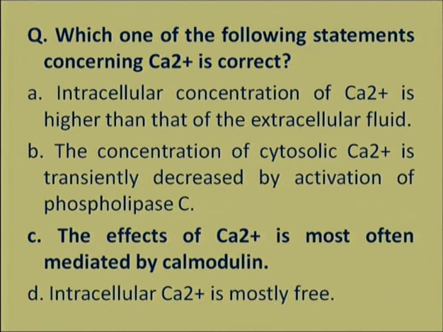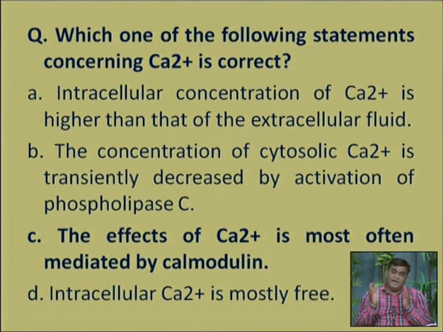Actually it is not like that, because whenever there is an increase in the calcium ion concentration in the cytosol, it will be sent to the endoplasmic reticulum. So there will be an increase in the concentration of calcium ions in the lumen of the endoplasmic reticulum, and the endoplasmic reticulum is governed by certain receptors called ryanodine receptors.